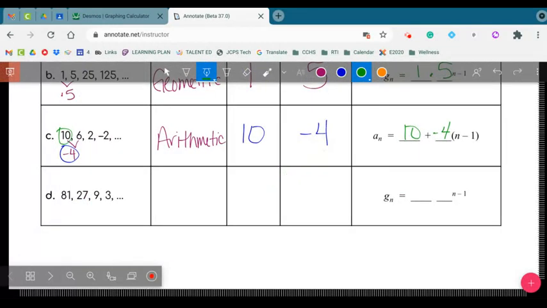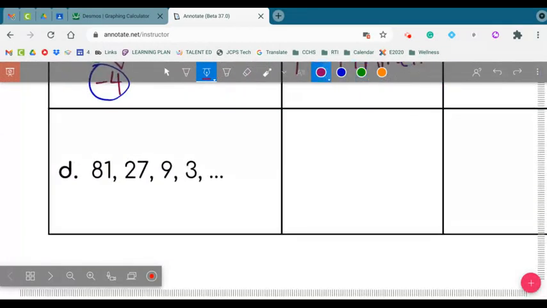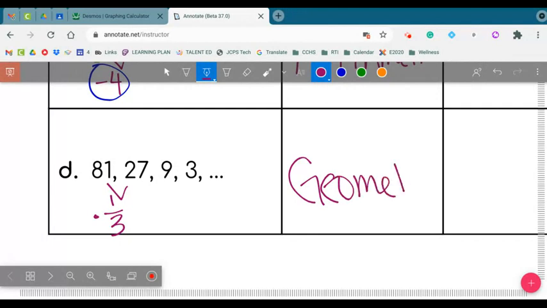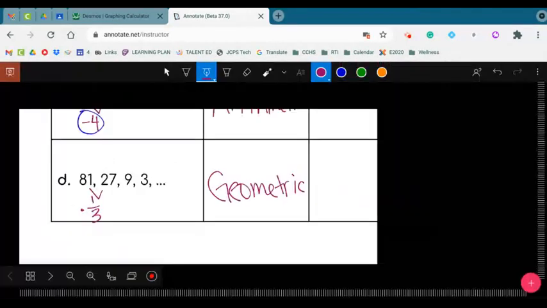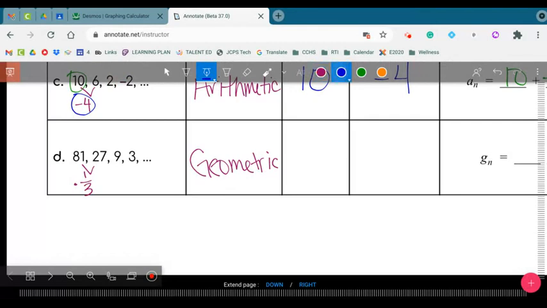Okay, last one. You're going from 81 to 27 to 9 to 3. So you're multiplying. This one you're multiplying by 1/3. So this has to be geometric. Our first term is 81.